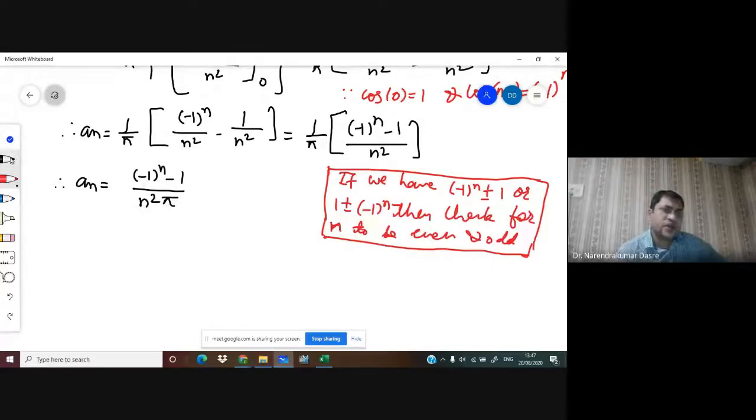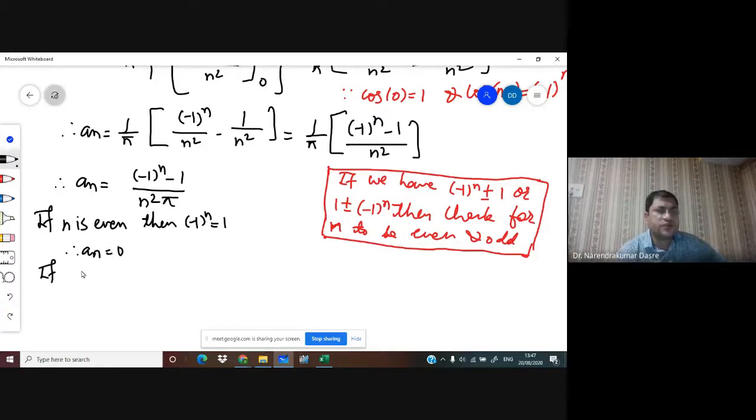So here we have to consider: if n is even, then minus 1 raised to n is equal to 1, and so we get an is equal to 0.